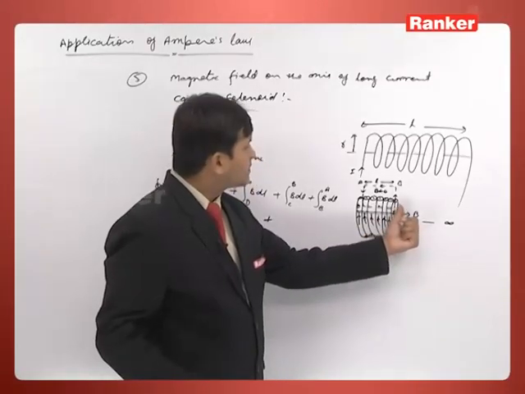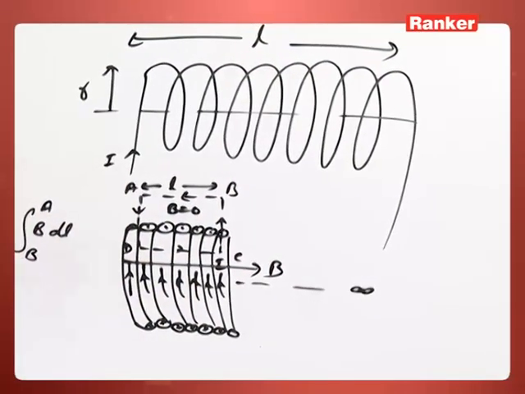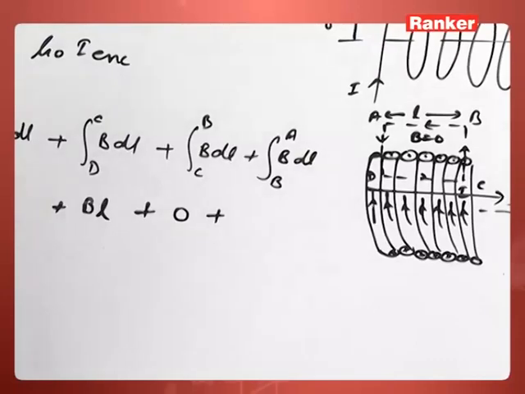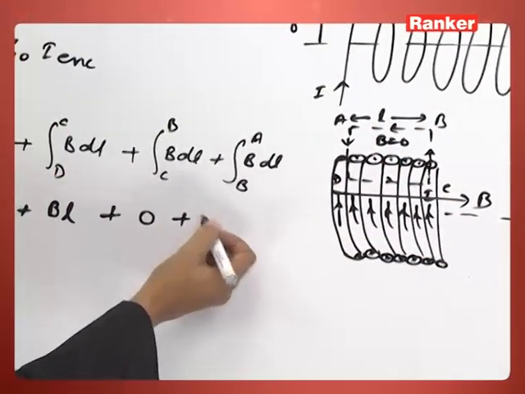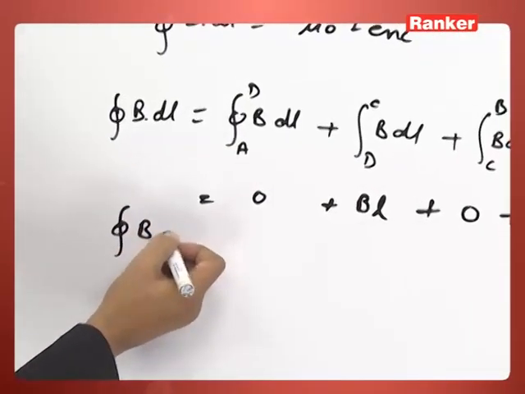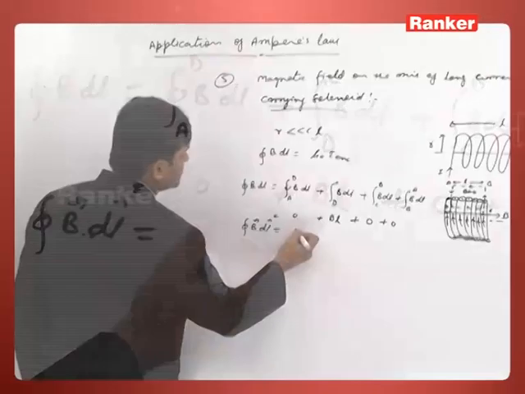As we are looking from C to B, again the same situation as A to D, this value will also be 0, and plus B to A, outside the magnetic field is 0, this term is 0. So finally we get B dot dl is nothing but B into L.